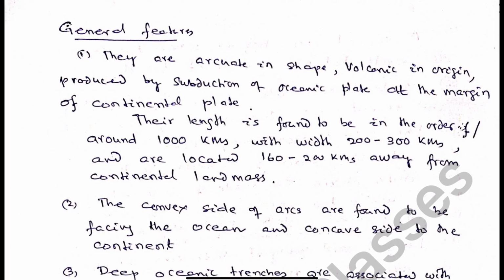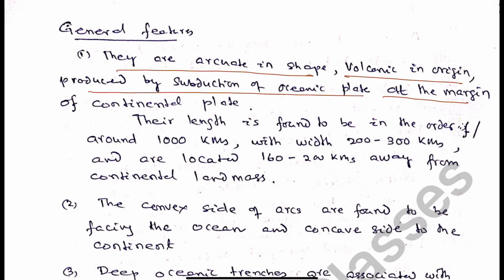Now let us discuss the general features of the island arcs. The island arcs are arcuate in shape, volcanic in origin, and they are produced by subduction of the oceanic plate at the margin of the continental plate.